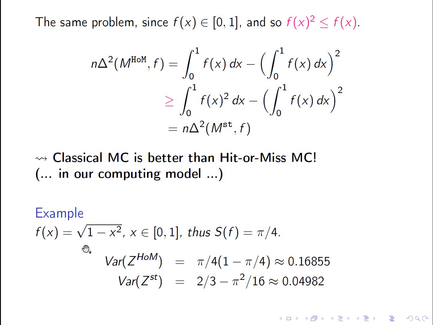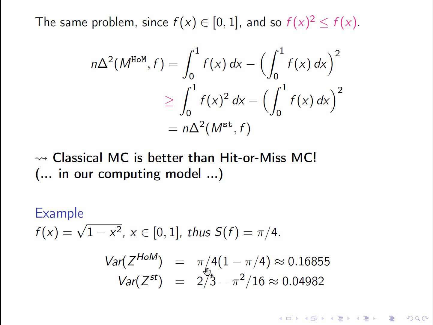So let's look at a particular example. f of x is the square root of 1 minus x squared. And in this case, the value of the integral, so S of f, is just pi over 4. If we look at the variances of the random variables we are using, for hit or miss or for standard Monte Carlo, you can just compute the expressions.